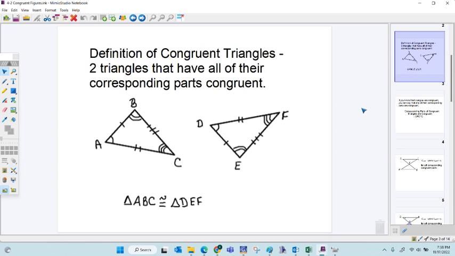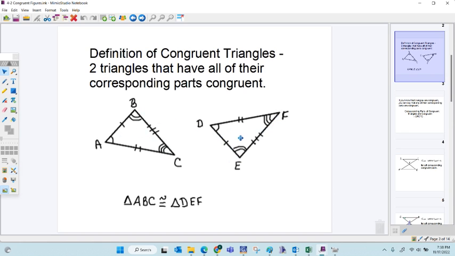You know in a proof that sometimes we have definitions. The definition of a pair of congruent triangles is that all of their corresponding sides would have to be congruent, and all of their corresponding angles would also have to be congruent.